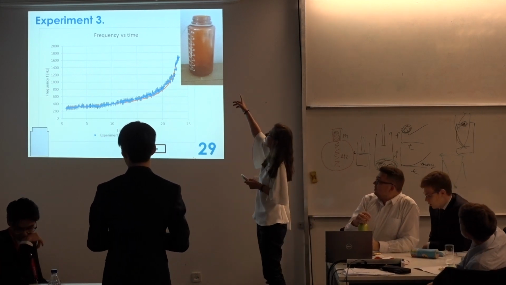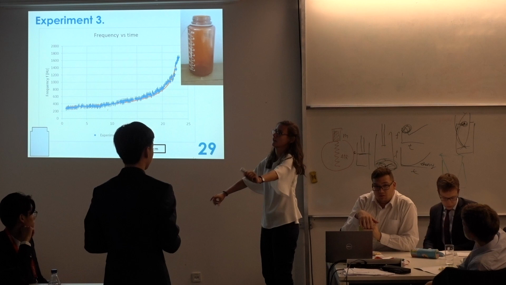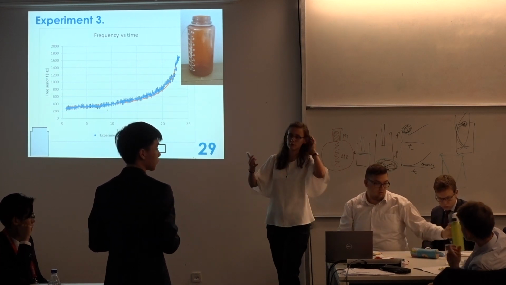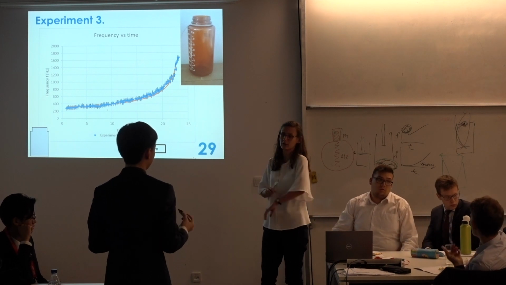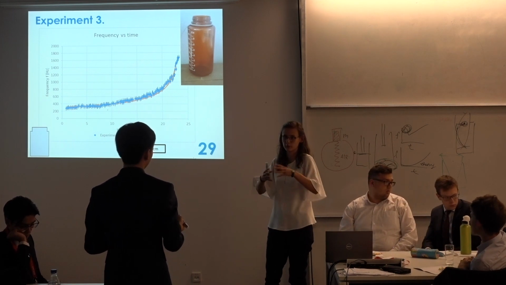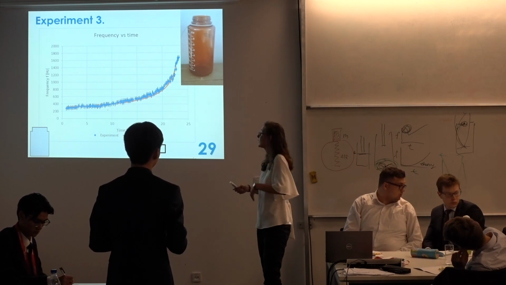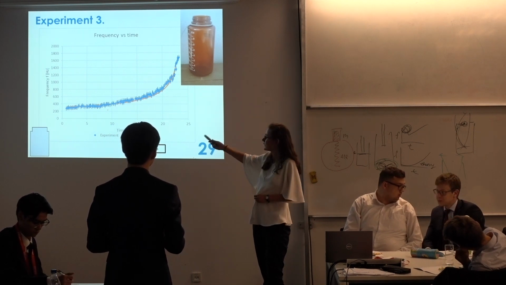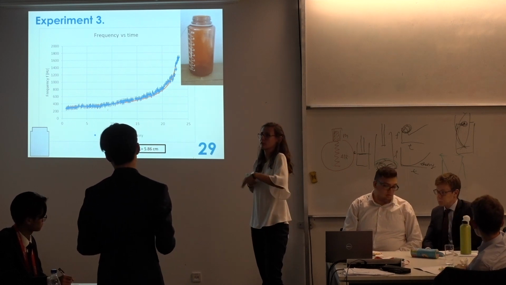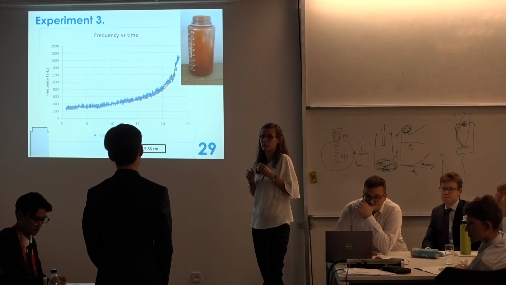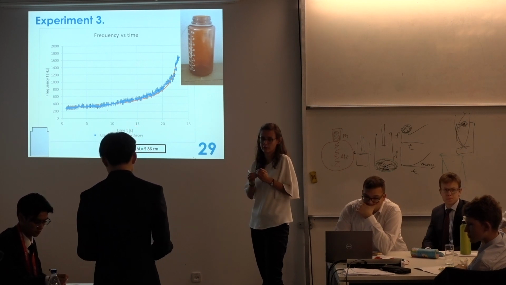As you can see, this bottle has a wider neck. If I try a bottle with an open neck, we experimented with it and saw that it forms half waves in it. Thank you.